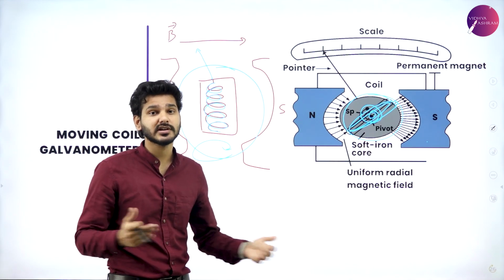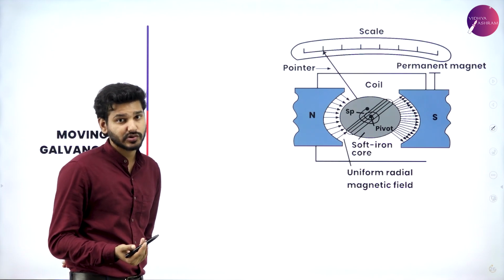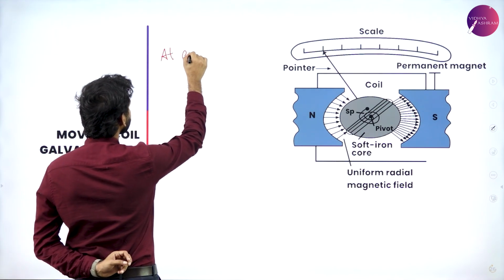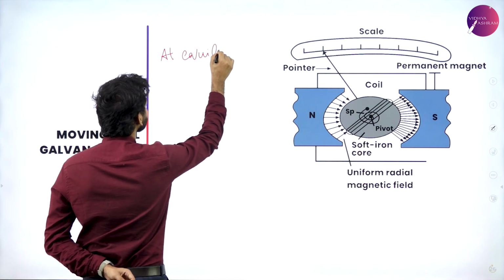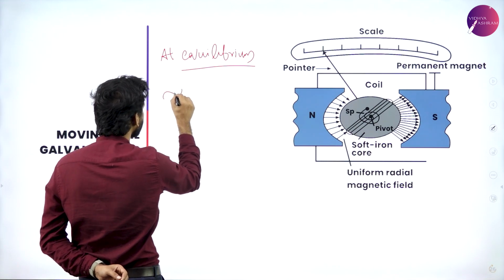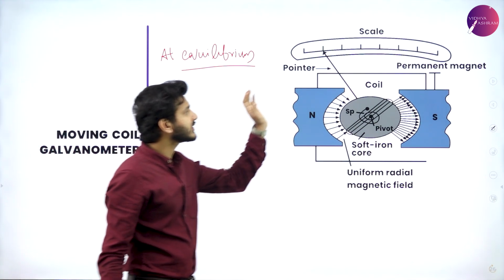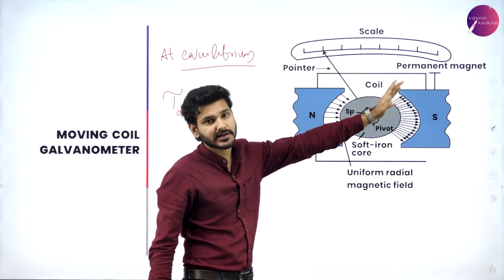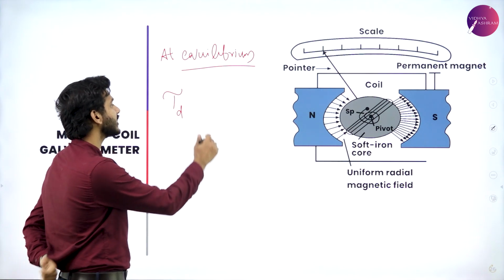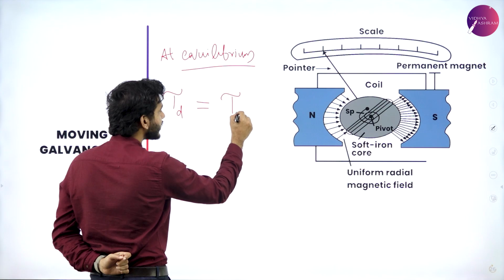And now let's get into the theory. Since these two torques are produced and they are equal in magnitude, we can say that at equilibrium, tau d, the torque that is making the needle deflect, which I'm calling the torque of deflection, is equal to the restoring torque.